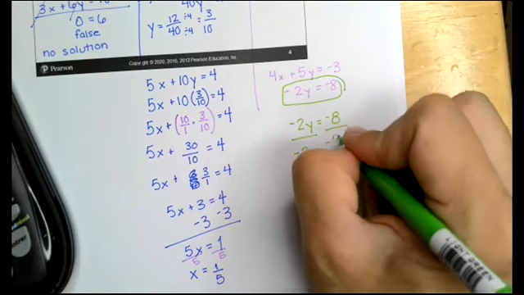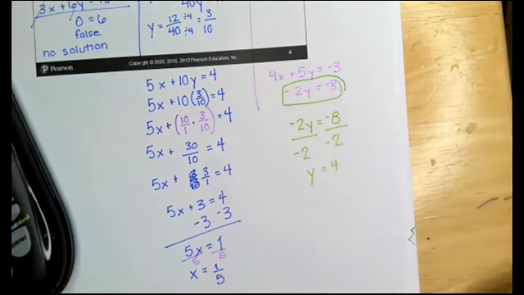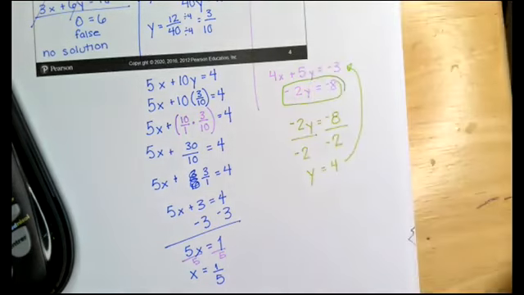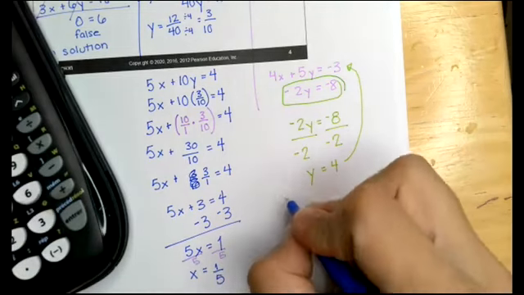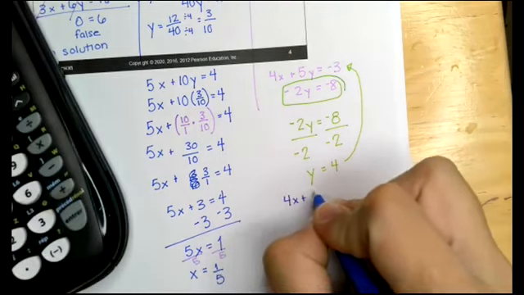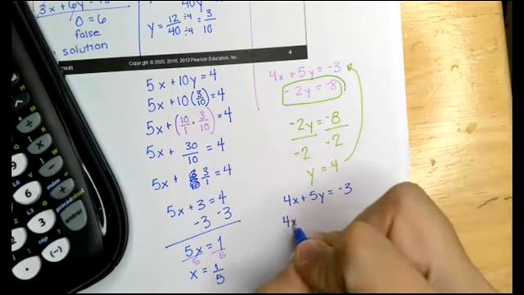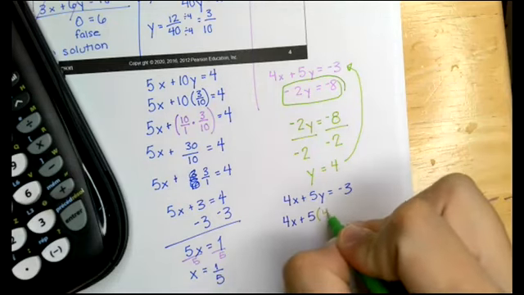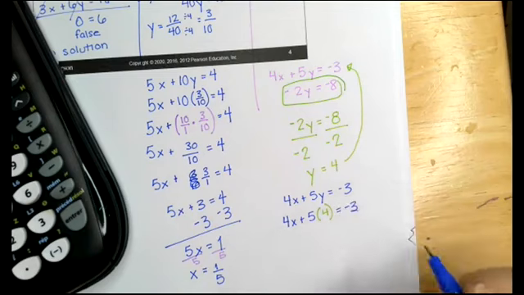Divide by -2, divide by -2, y is 4. Okay, now I'm going to put it back up here to find x. 4x plus 5y equals -3. 4x plus 5 times 4 is -3.